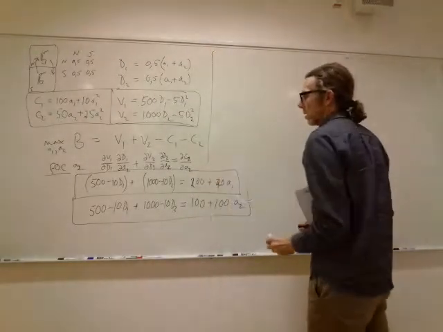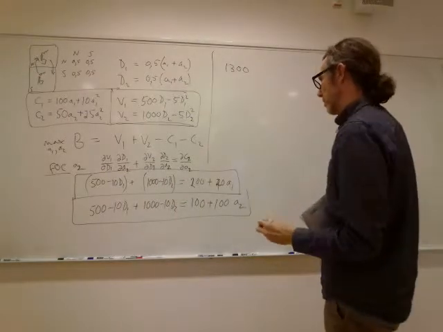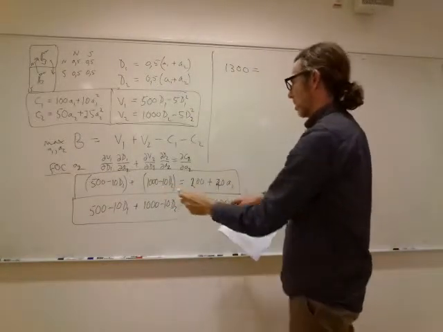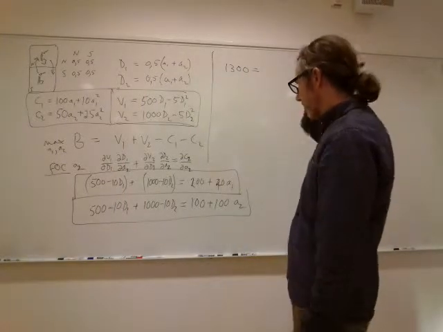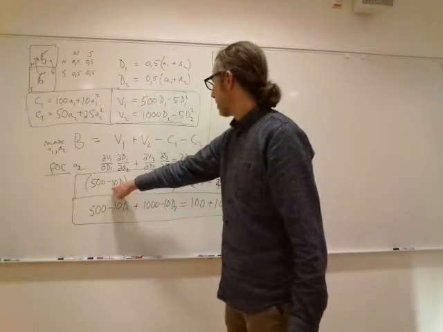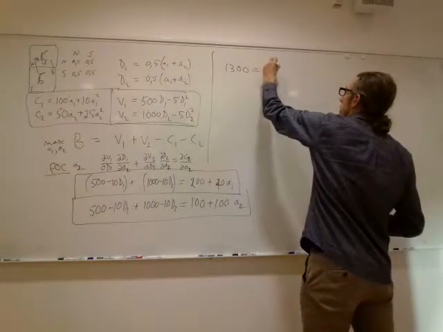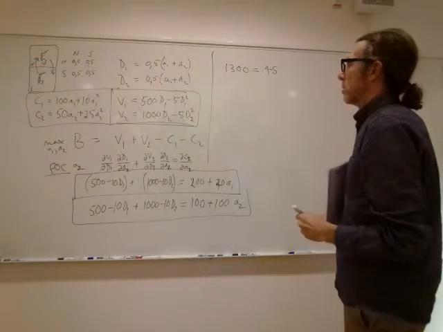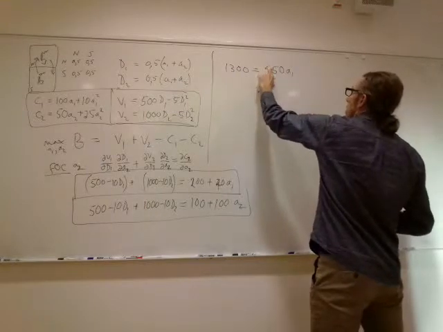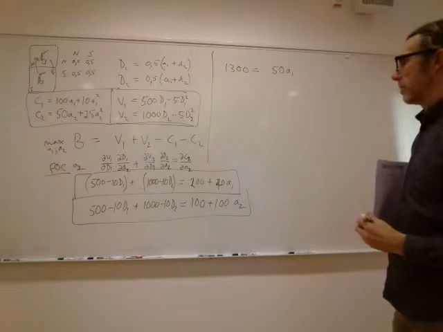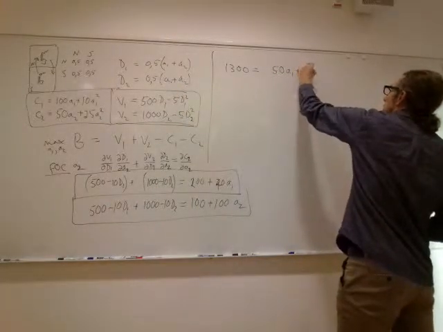So what have we got? 1,500 minus 200, 1,300 is equal to, aha, we've got these D's to sort out as well. 40 A1 plus 10 D1. 10 D1 is 5 A1, so that's 45 A1 plus 10 D2, that's another 5 A1, so 1300 is 50 A1, and then 10 D1 plus 10 D2 gives 5 A2 plus 5 A2, another 10 A2.